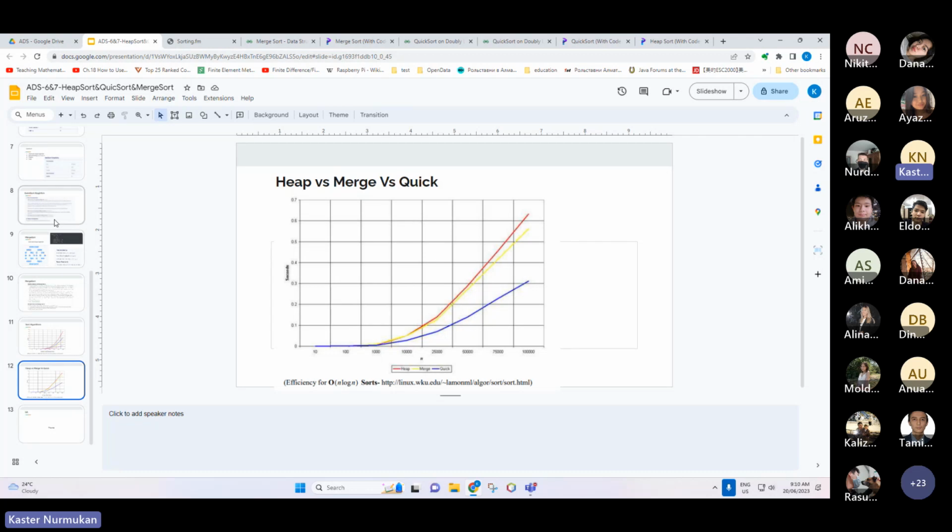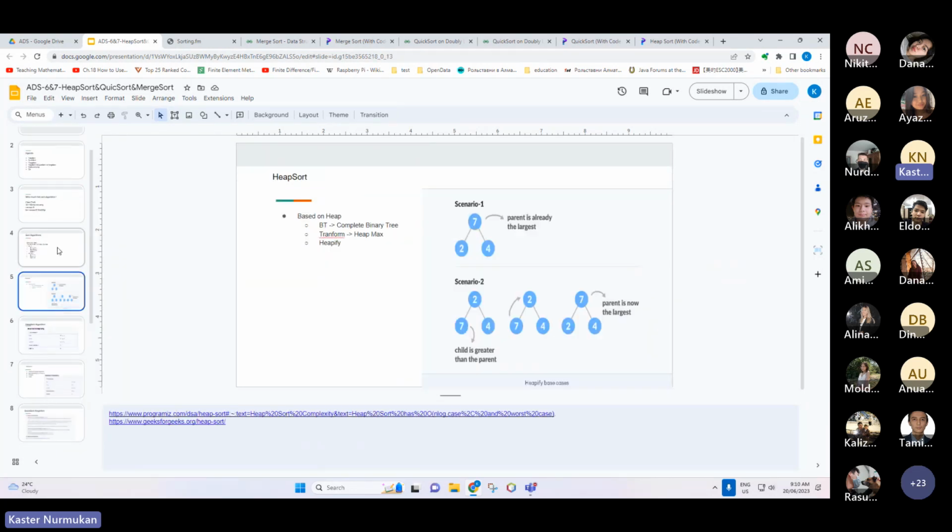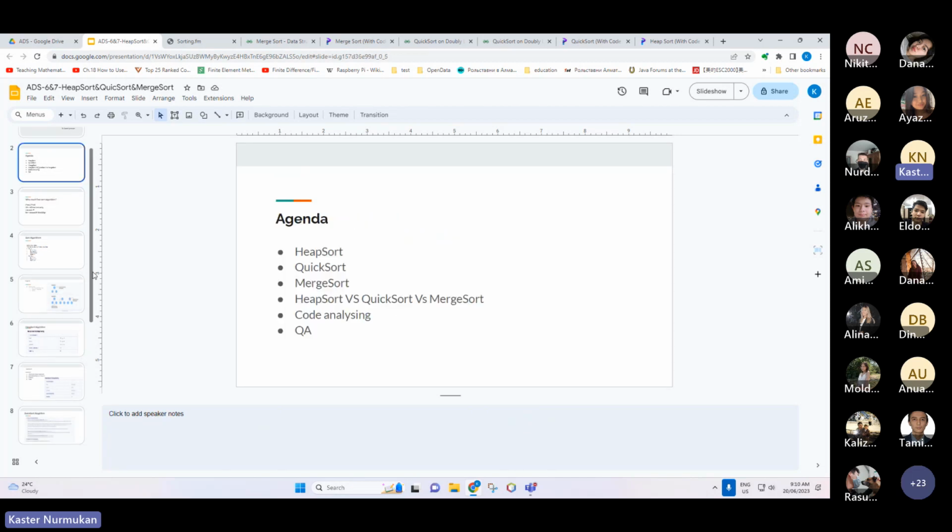But in theory, merge sort is more stable, because whether it's the average, best or worst case, it's always n log n time. Quick sort's problem can be handled in theory: if we can avoid the worst case, we can probably get a better result.